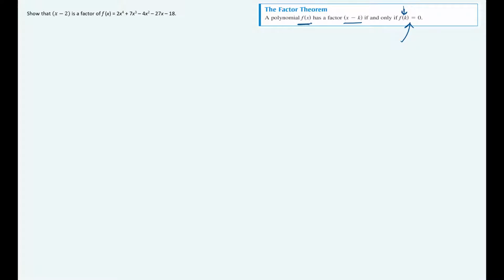So if I go through synthetic division and I get a remainder of 0, that means f of k is equal to 0. And furthermore, what we really care about, that means x minus k is a factor. That means the number we divided by with our synthetic division is a factor.